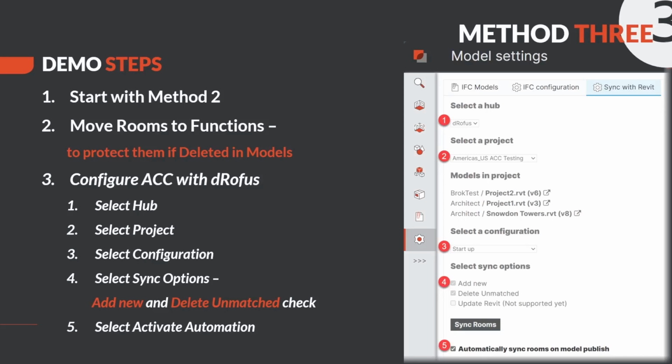When you're going through the configuration, you'd want to check the box next to delete unmatched in order to include that ability to remove rooms. And in this case, we've got the add new, the delete unmatched, both checked, and we have automation checked. So essentially, every time a new file is published, we are going to go through all of those actions.